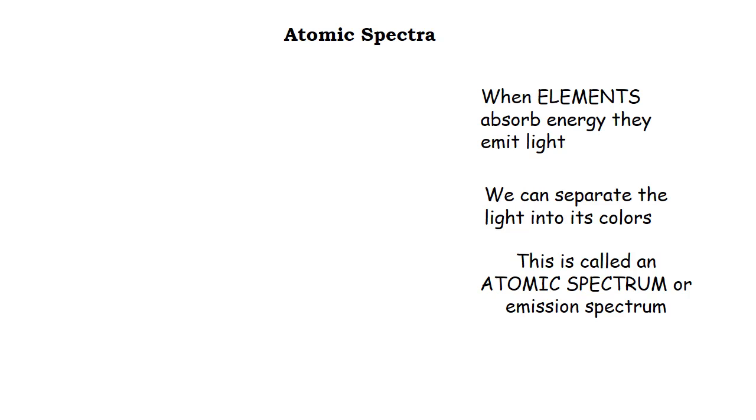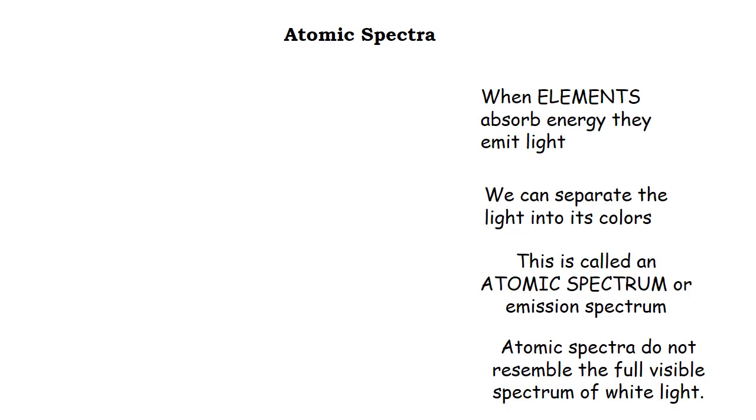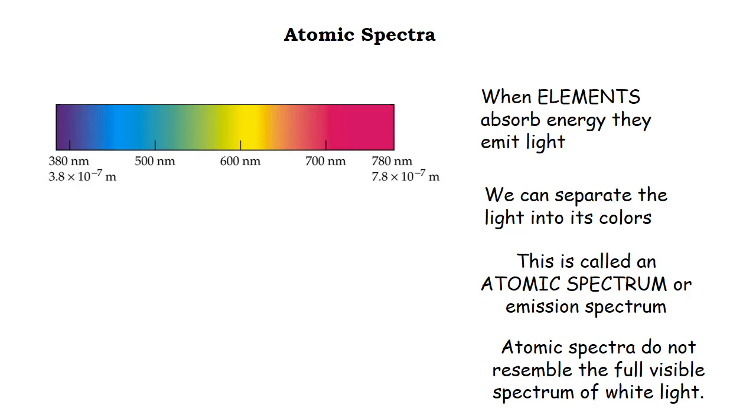And what's important, the whole point of this exercise, is that the emission spectrum we see from an atom, from an element, does not resemble the full spectrum of white light. White light exhibits a full visible spectrum that looks like a rainbow.